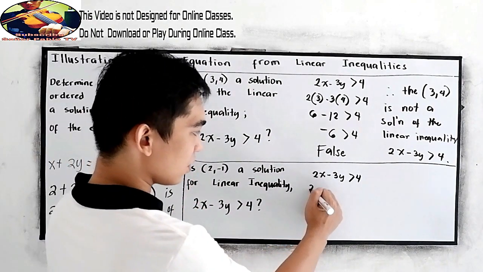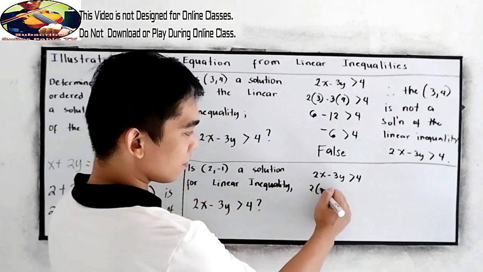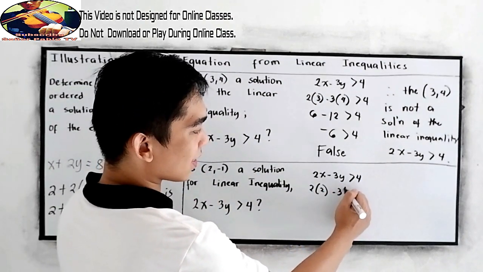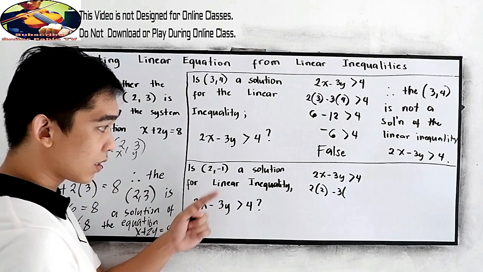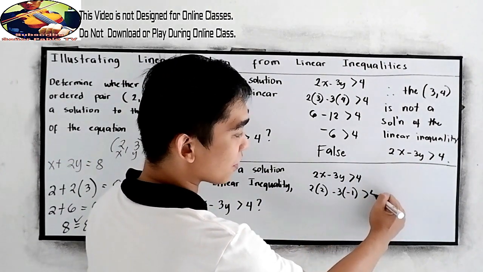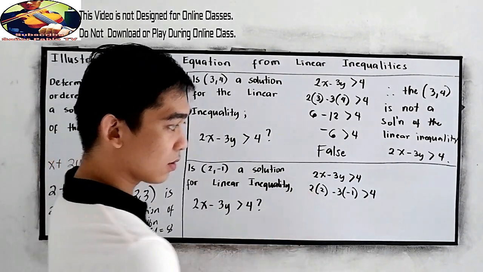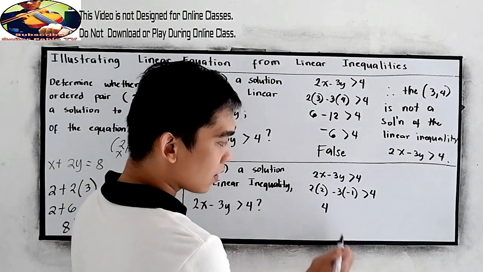So we have 2 times our x is 2, minus 3 times our y is negative 1. Is it greater than 4? Let us check. 2 times 2, that will give us 4.